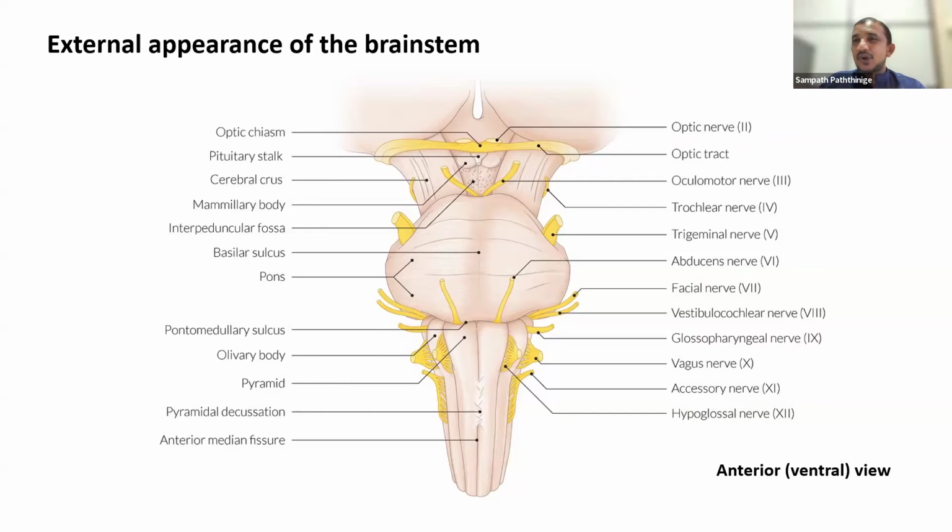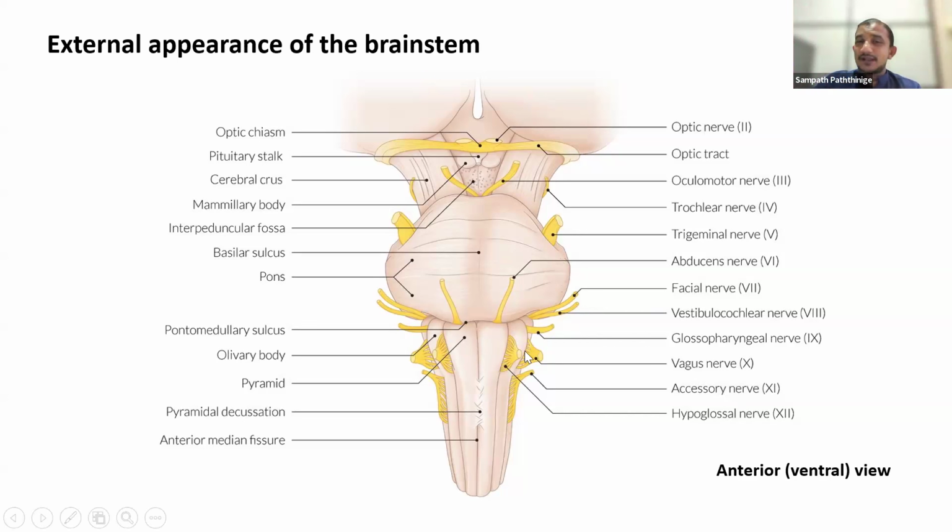And there are some important external anatomical features you are supposed to know, especially as they become relevant when you draw the cross sections. For example, in the anterior brainstem, in the entire medulla, we see the two central swellings. Those are the two pyramids.